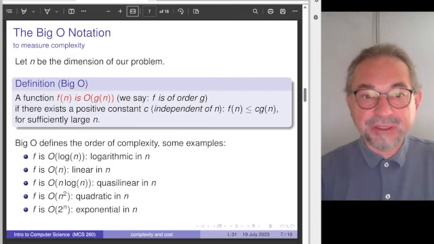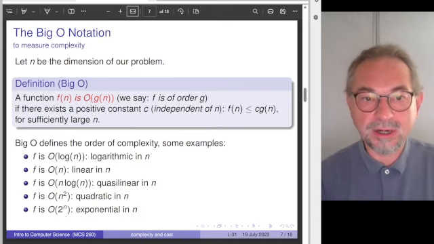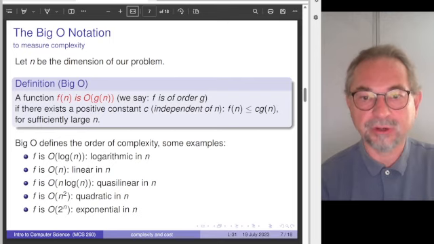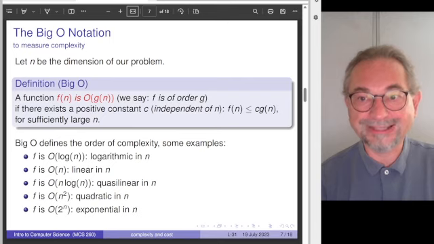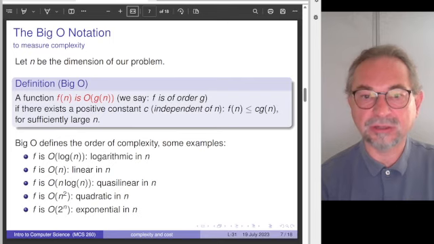So the big definition here is the big O. We say that one function is of the order of another function if there exists a positive constant independent of n such that that other function bounds the first function for sufficiently large n.